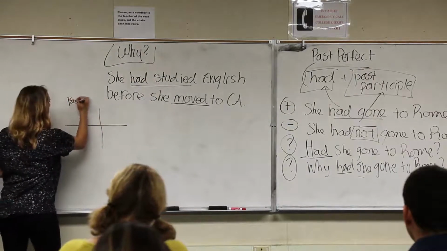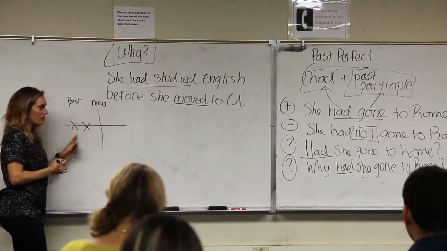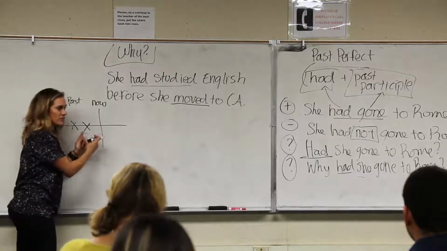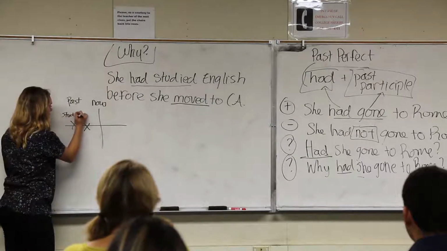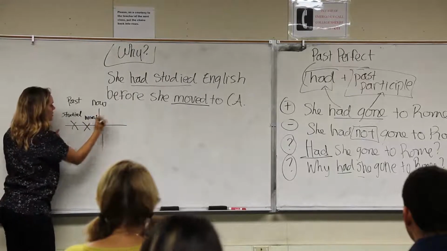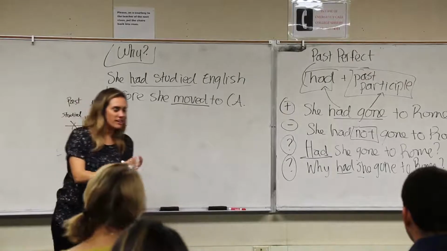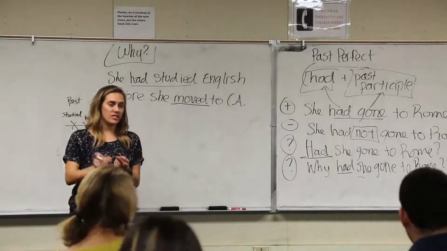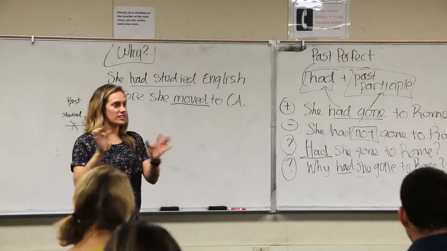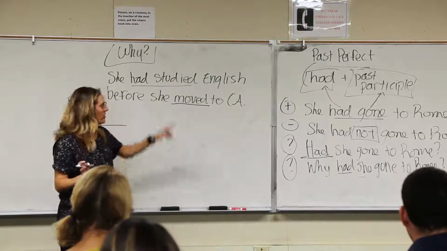So this is the past, right? Two things happened in the past. They both happened in the past. Which one happened first? First she studied, right? And then she moved. So we can say she studied English, simple past, before she moved to California, simple past. You can do that. That's very common, very normal, actually more common than this.